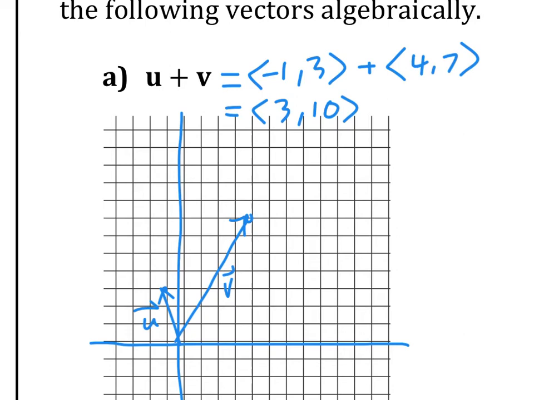That's the first method. If you try to do it with the parallelogram method, it's the same idea, except you're going to have to draw a parallelogram. And here's my trick on how to draw a parallelogram. I'm going to assume the head of u is 0, 0. And I'm going to graph v from there. V is 4, 7. So I'm going to count 4, 7 from here. So 4, 7.